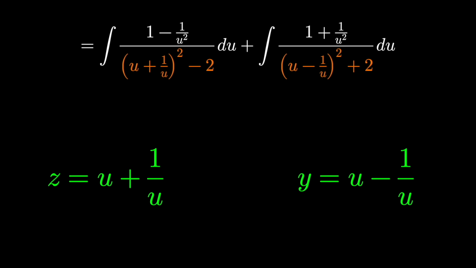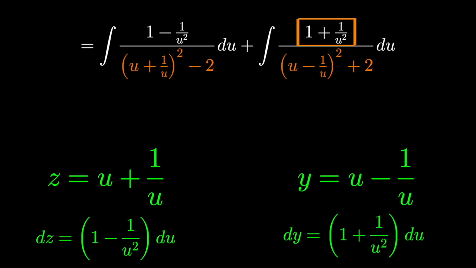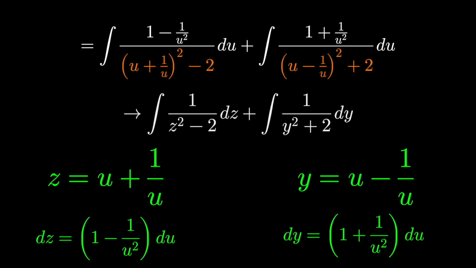That makes dz 1 minus 1 over u squared du, and dy 1 plus 1 over u squared du. These substitutions clean up our denominators very nicely, and hey, wouldn't you know it, it completely clears the numerator when we substitute in our differentials.